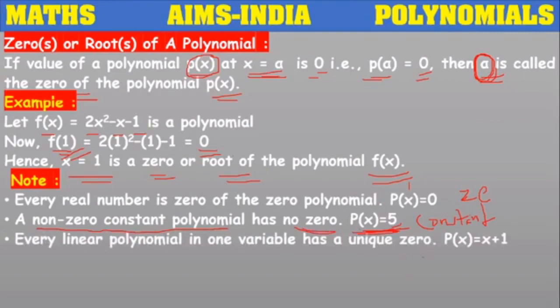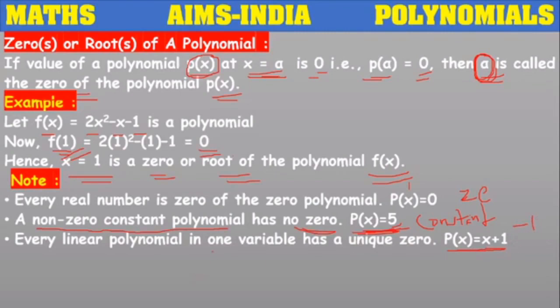Next. We have a linear polynomial like p of x equal to x plus 1. If you place which value in the place of x, then it will become 0? Just by observing we can tell. We can keep minus 1. If we take x value minus 1, then minus 1 plus 1 cancels each other. Value will become 0.